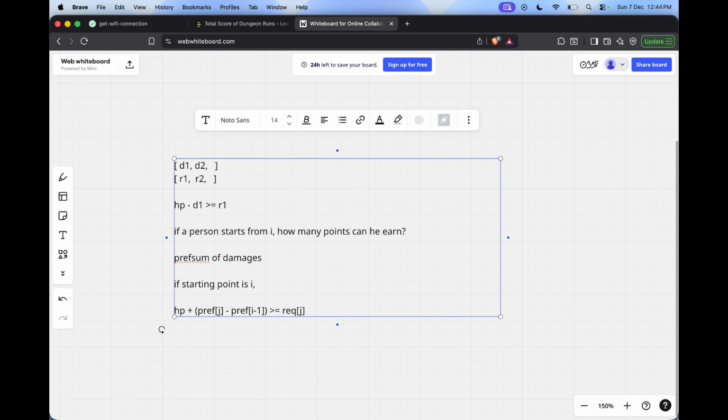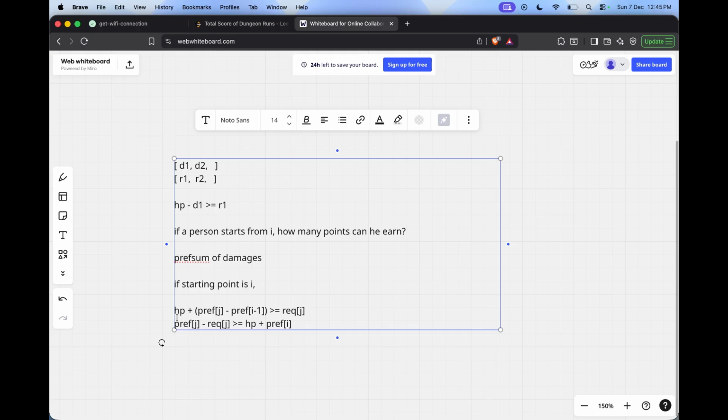Alright. Let's see what is variable and what is fixed. Let's say prefix at J is variable, because we do not know which particular index gives us the point if we are starting at I. So take all the terms having J to one side: prefix at J minus requirement at J is greater than or equal to HP plus prefix at I. Now, let's say we have a suffix of prefix at J minus requirement at J so far.